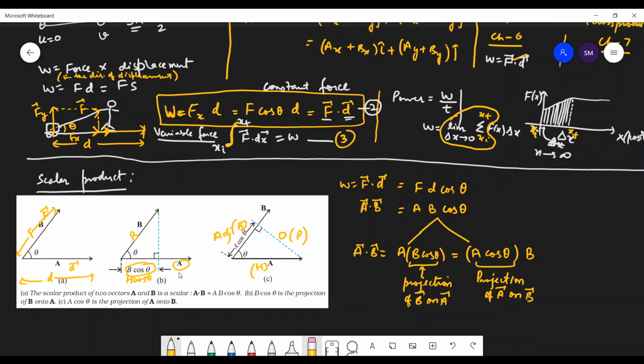So b cos theta lies on this length a, and here b into a cos theta. Sometimes it is asked in exams, projection of b on a. So the projection of b on a is b cos theta, and the projection of a on b is a cos theta.